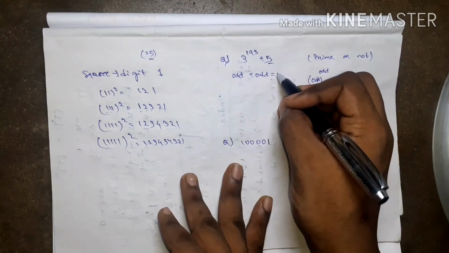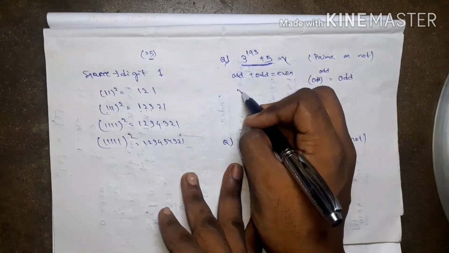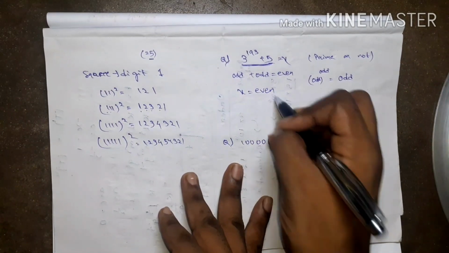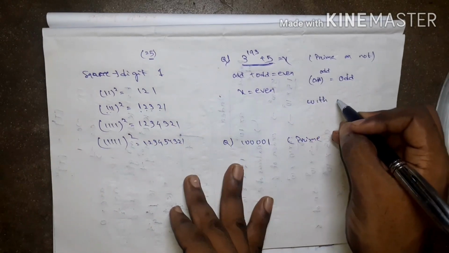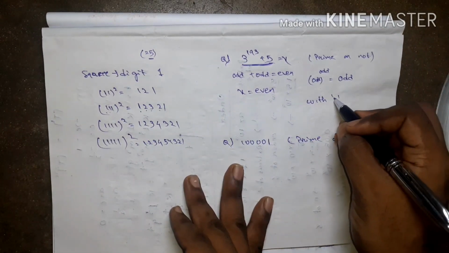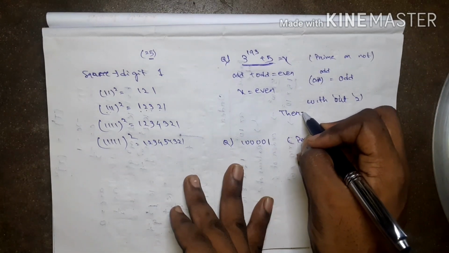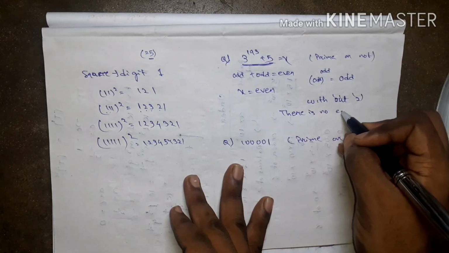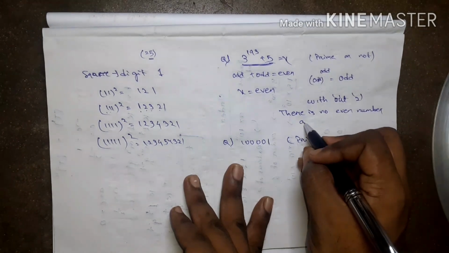Odd plus odd, then its solution is an even number. And we know that except 2, there is no even number that is a prime number.